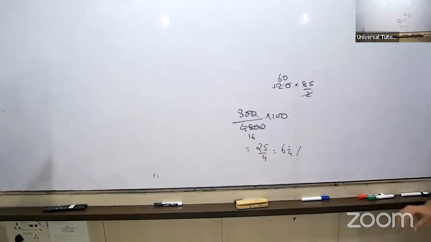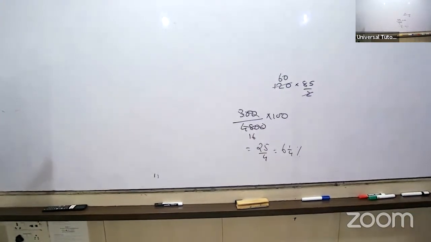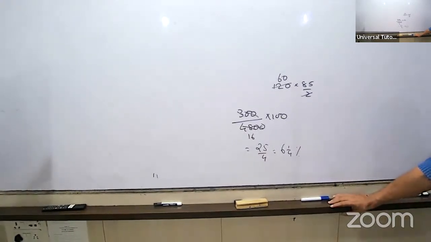Next, selling price of one share is equal to cost plus premium, 5 plus 1.15, that is 6.15.